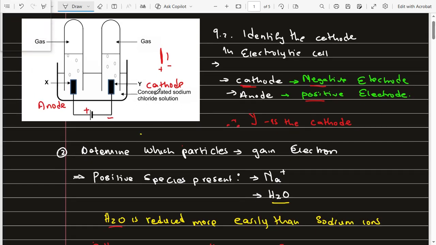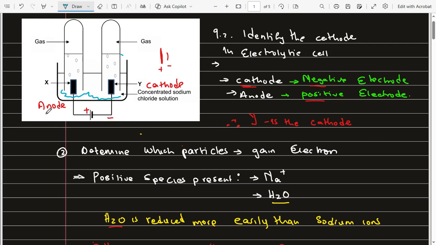This is my cathode. Inside the solution, we have concentrated sodium chloride solution. So let me explain what will happen at the anode.